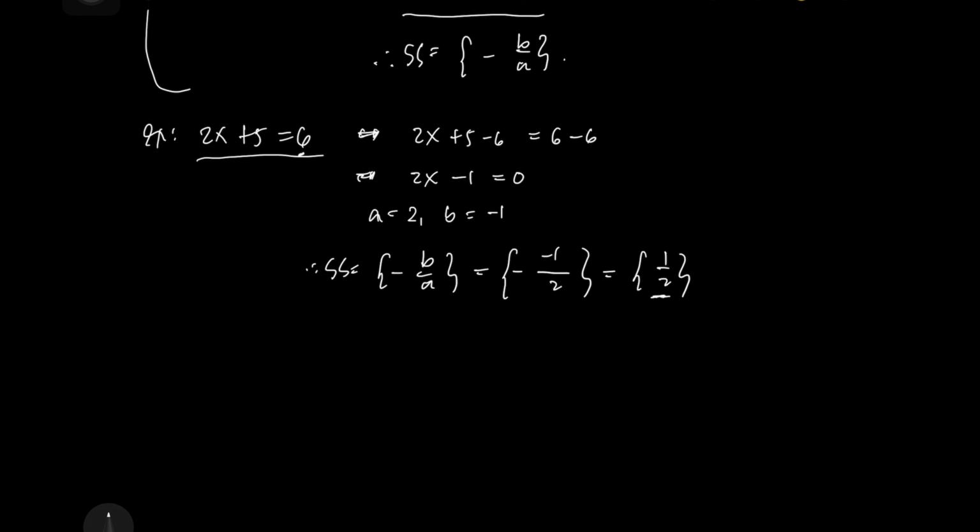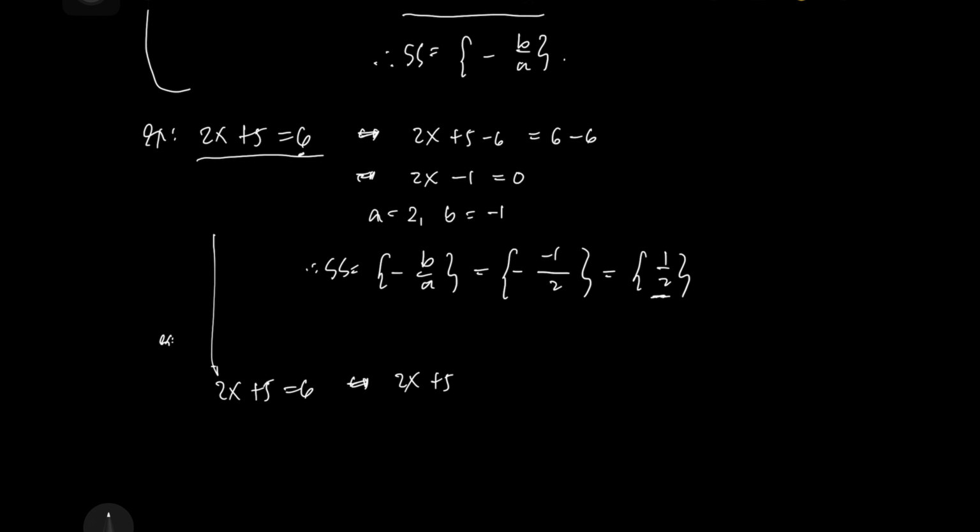However, if you don't want to memorize that the solution set is negative b over a, you can simply solve it by using the addition property of equality and the multiplication property of equality if necessary. Here we have 2x plus 5 equals 6. To isolate x on the left side, we use the addition property of equality to remove the 5.